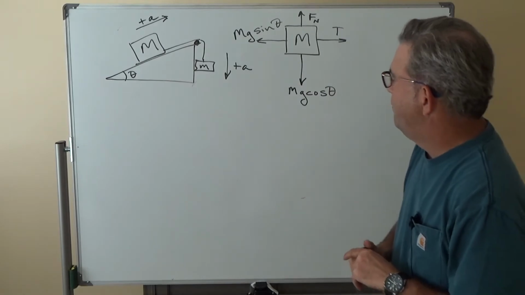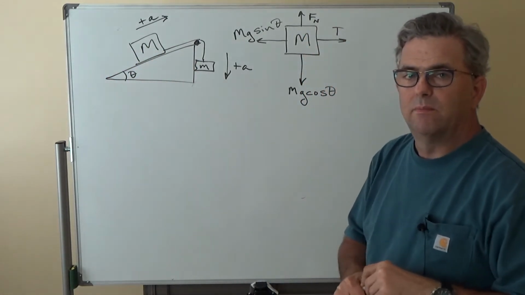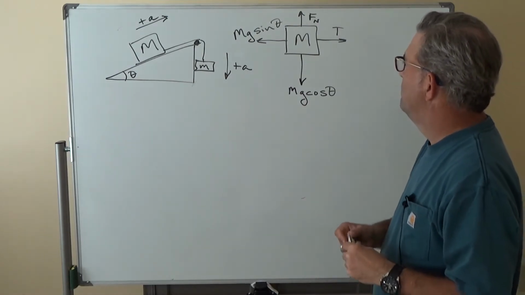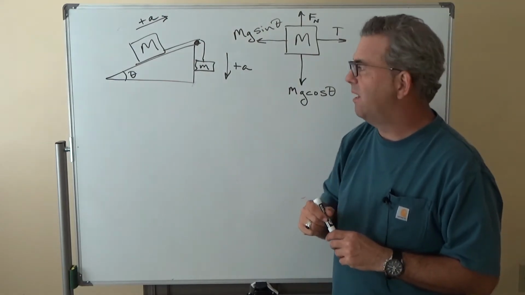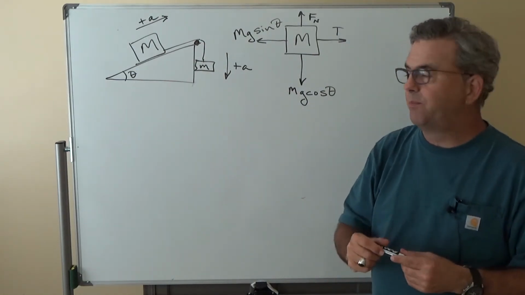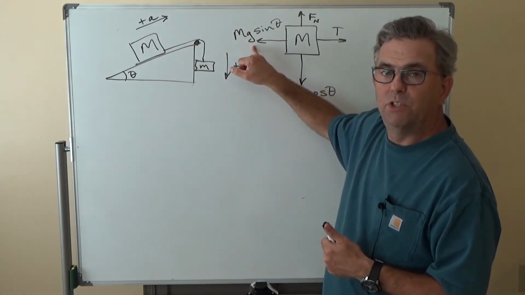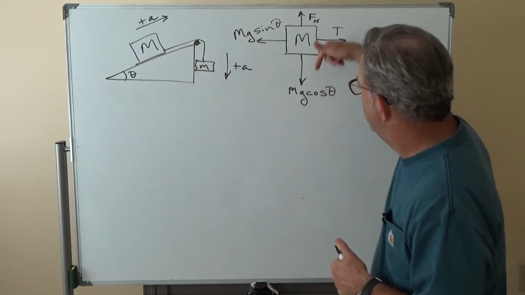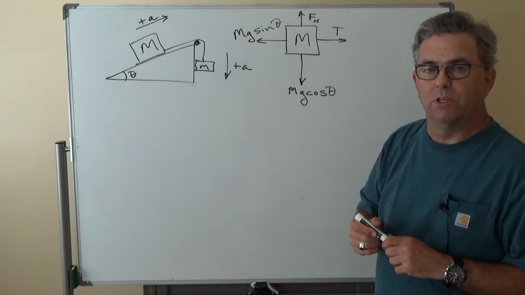Okay? If you need to sketch your forces out on here, that's fine. All right? But this is a free body diagram for this mass that's on the incline. I know from what I did previously that that force that's along the incline is Mg sine theta. The one that's perpendicular to the incline is Mg cosine theta.